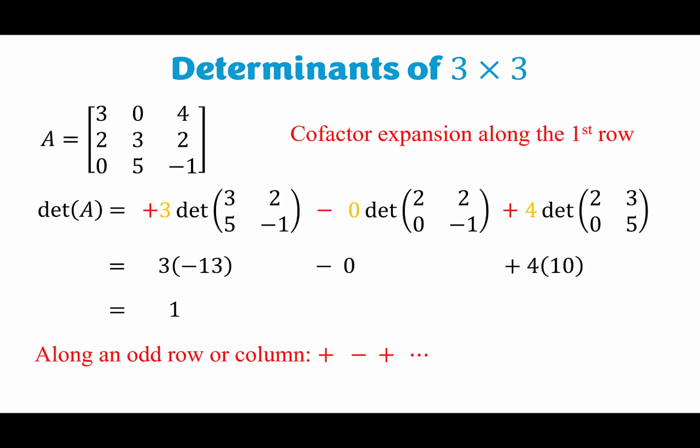So we had plus, minus, plus in this example because we went along an odd row. We went along the first row. So if you also went along the third row, it'd still be plus, minus, plus. If you went along row 2, then it'd switch to minus, plus, minus. So along an even row or column, you have minus, plus, minus is the way the signs alternate.